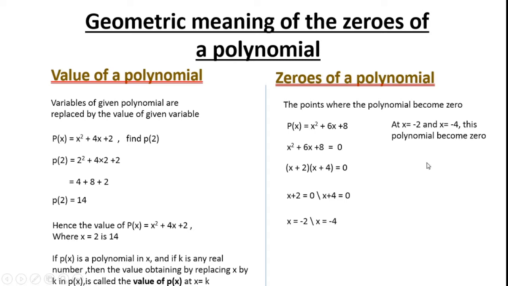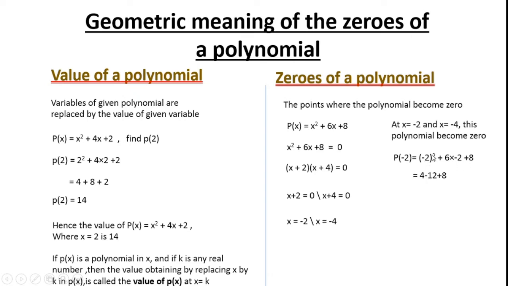Let us check by substituting the values. First we are taking x equal to minus 2. See here, in this polynomial, instead of this x, we are giving the value minus 2. So, minus 2 whole square, plus 6 into minus 2, plus 8.